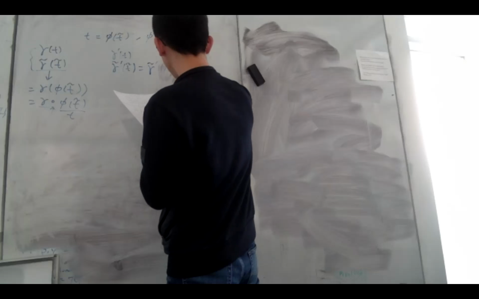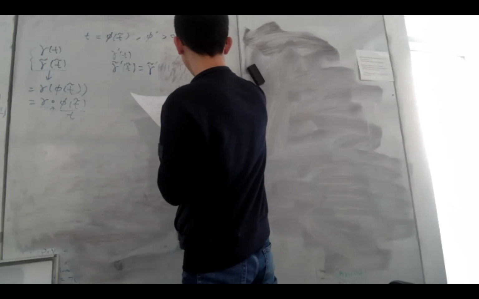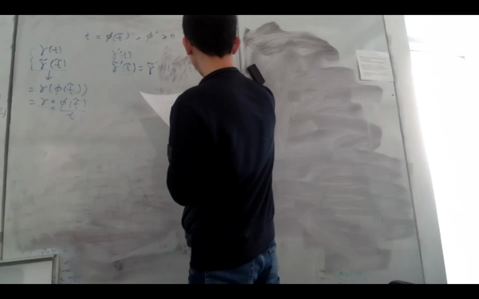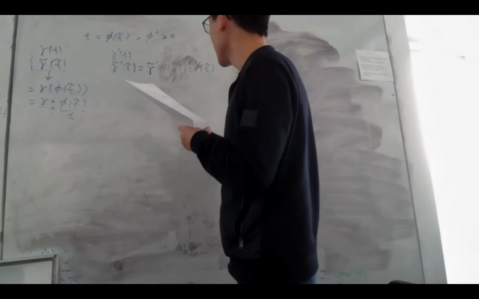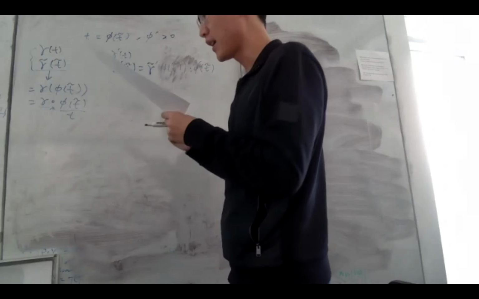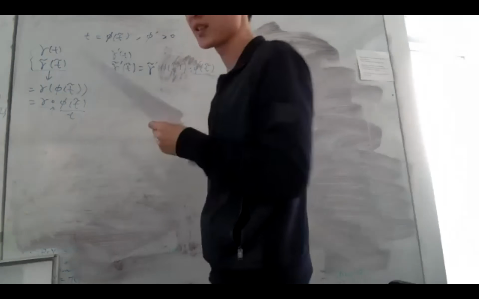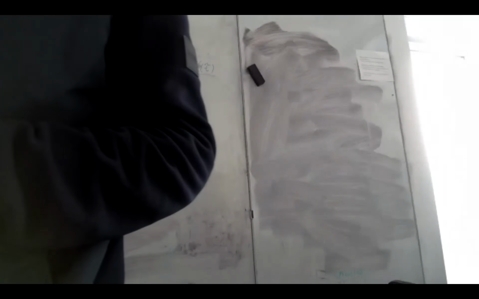This is just gamma prime of phi times phi prime of t tilde. So this is like saying I have this extra factor here, so basically the velocities of these two don't match.